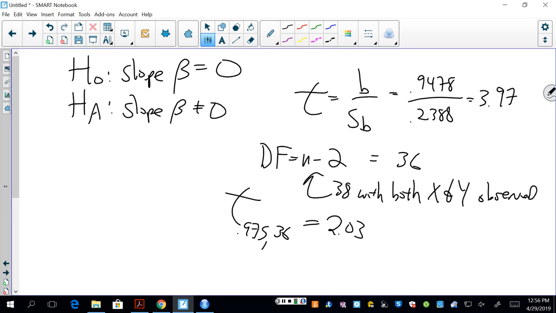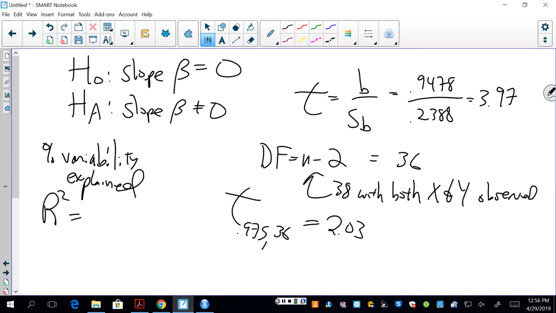What percent of variability is explained? Not much, right? So percent variability explained, that's that R squared statistic. And it's called multiple R squared here. It's about 30%. So it's something.